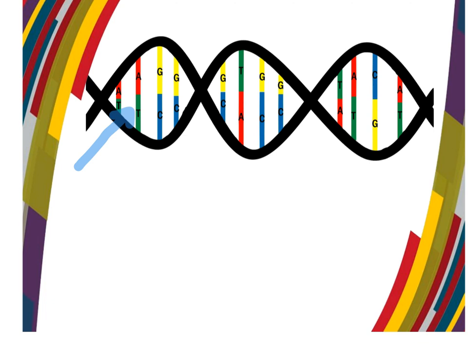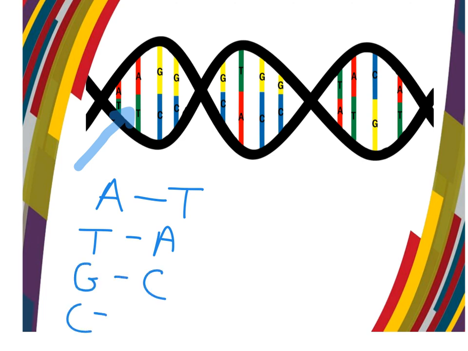Okay, well, hopefully everyone's figured it out from looking at the diagram. A is always paired up with a T. Therefore, T is always paired up with an A. And G is always paired up with C, and C is always paired up with G. And that is the same all the time.